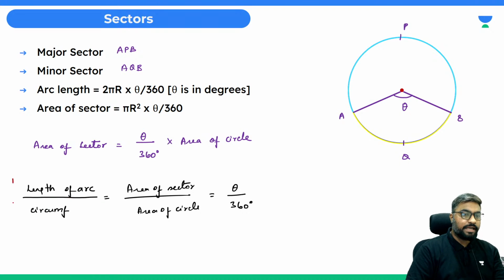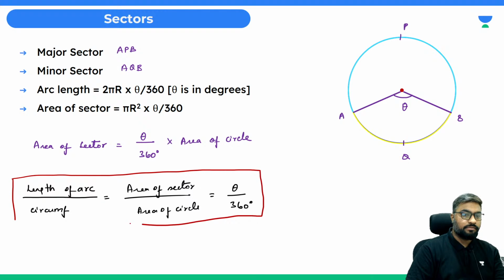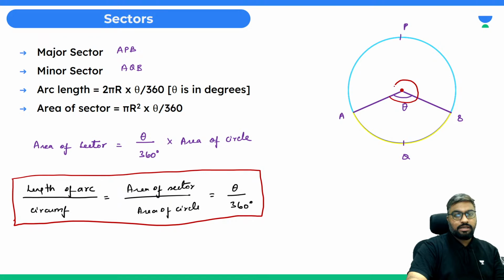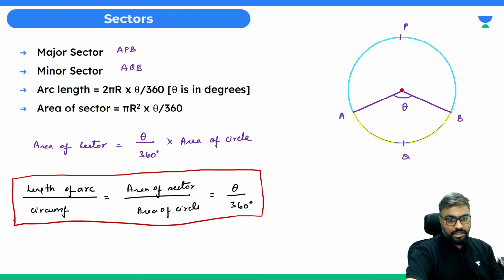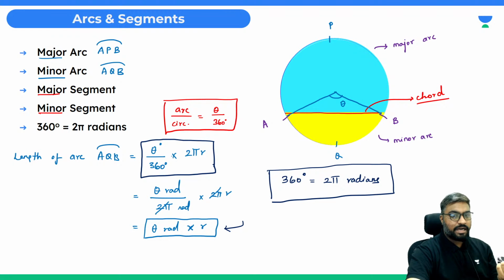I hope you guys are getting this. ये जो theta by 360 है, this is an extremely important ratio because this angle decides in what ratio the circle is being cut out. Okay, done? चलिए, so with this, we have discussed sectors, we have discussed arcs also.